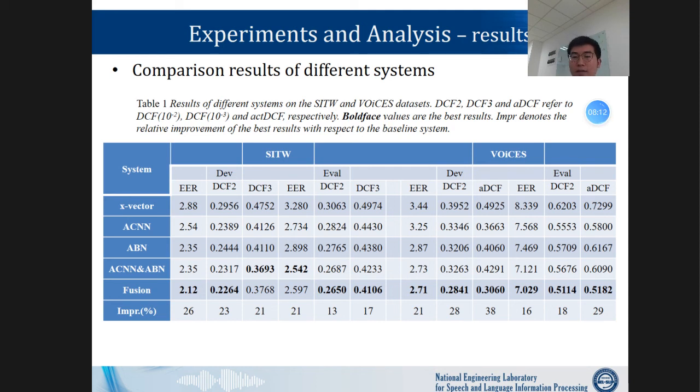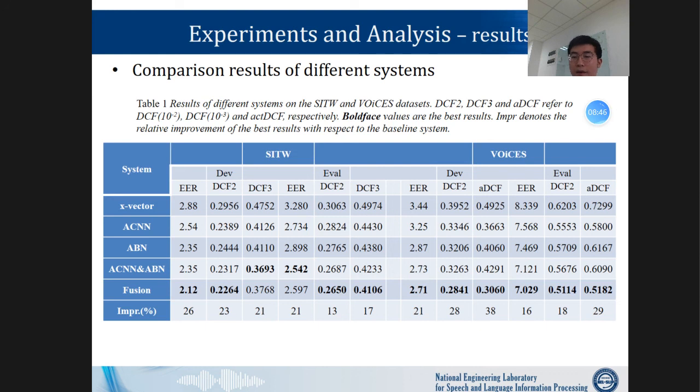On the SITW dataset, these 2 systems can both improve the baseline by about 15% for all evaluation metrics. For the VOiCES dataset, the ACNN achieves at most 21% relative improvements over the baseline in terms of min DCF and act DCF, while the ABN achieves at most 17% relative improvements in terms of EER.